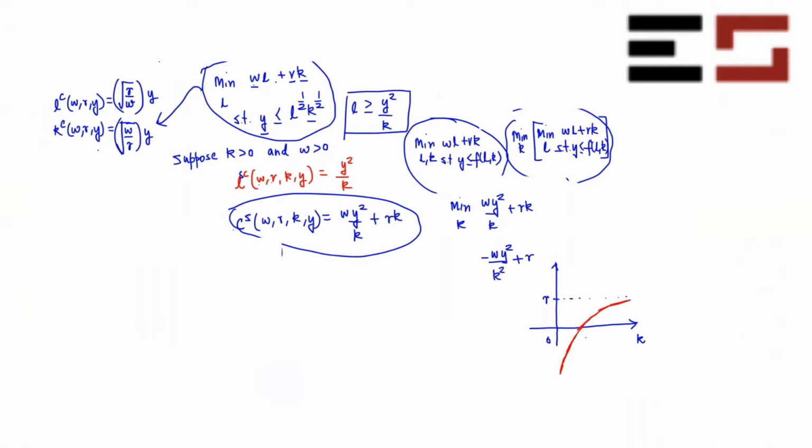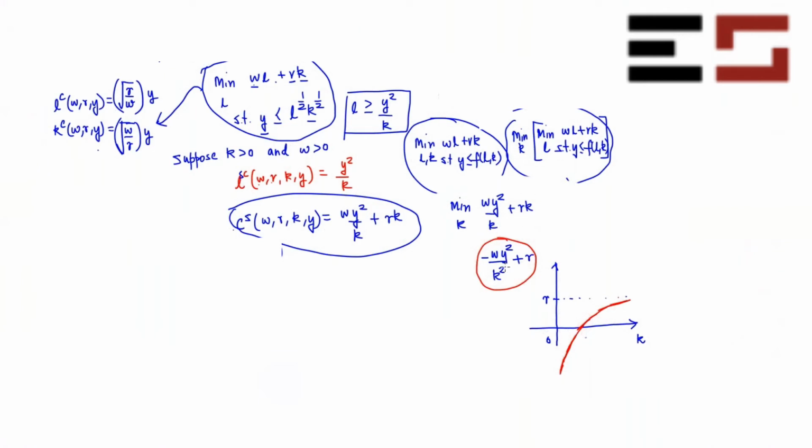Is that okay? Yes or no? I'm plotting this. This is kind of a marginal quantity. This is the derivative of this.